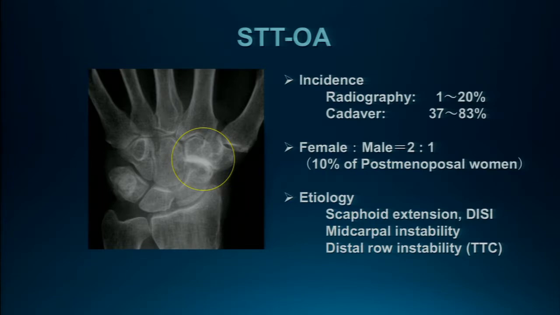The etiology is not so clear, but this is a rather typical OA in elderly females. And patients with STT-OA have a tendency toward scaphoid extension, and they may also have midcarpal instability because the STT joint is one part of the midcarpal joint.